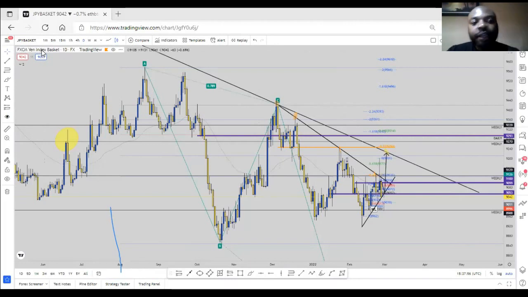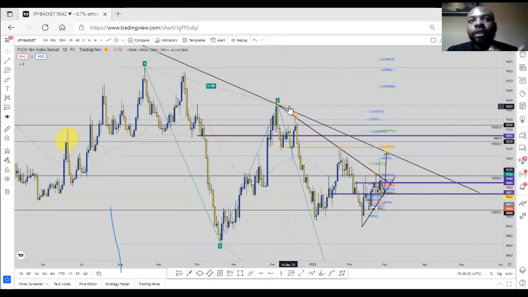So we have the yen basket, the JPY basket. Just as the name implies, you have asset classes that are yen correlated: GBP JPY, Euro JPY, USD JPY. All of these pairs are yen correlated, yen quoted.